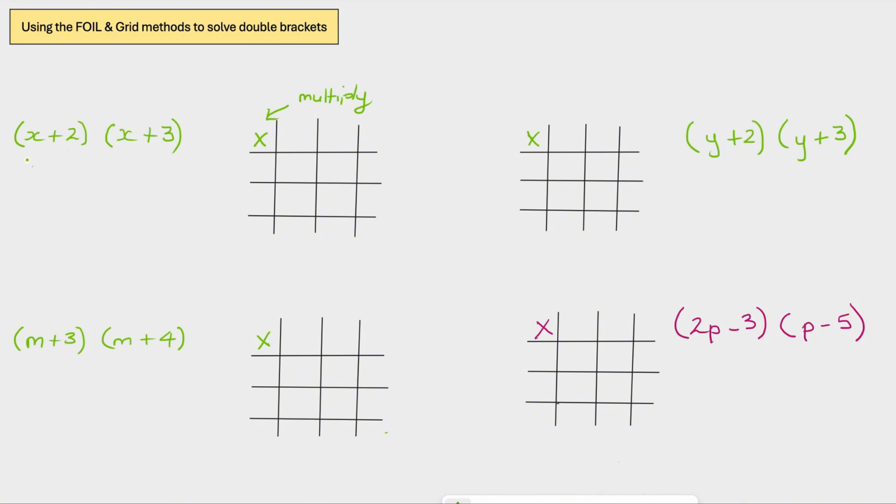So let's begin. So you know that brackets mean to multiply. Okay, that's our first step. So we're going to times these first. Well, x times x is x squared. We know it's a plus.